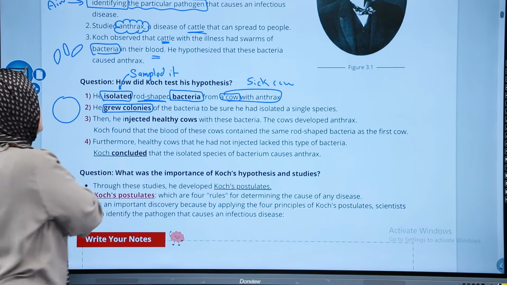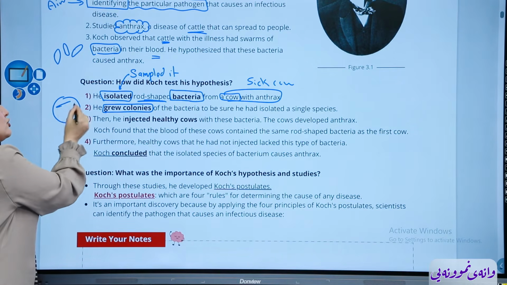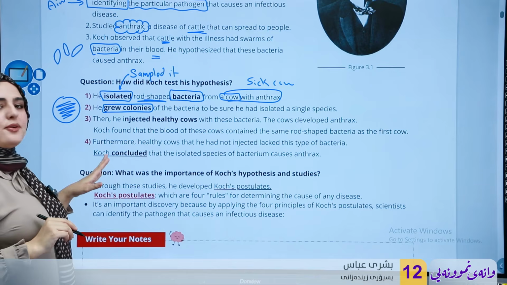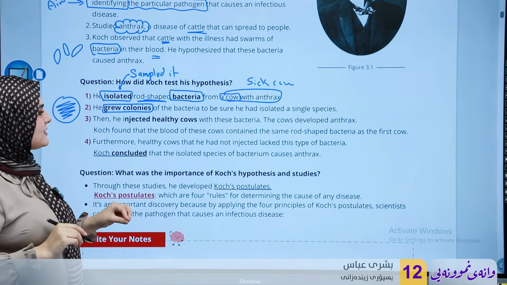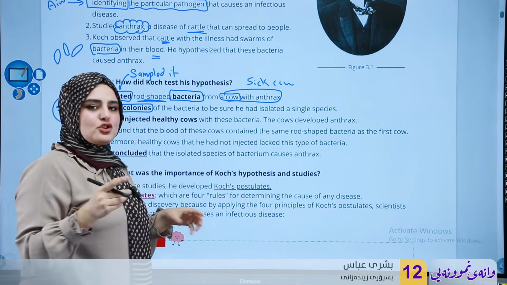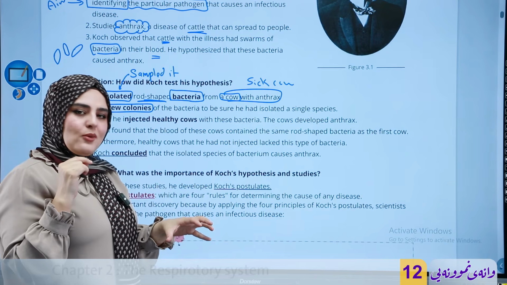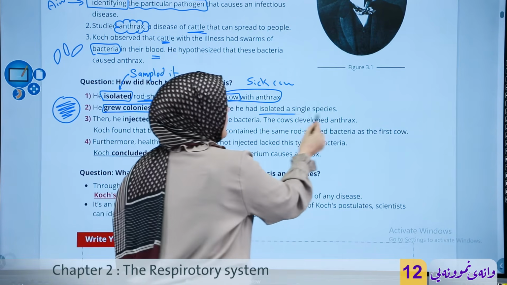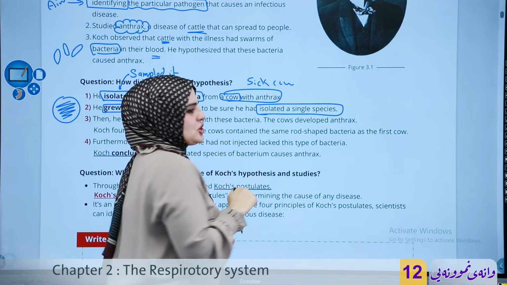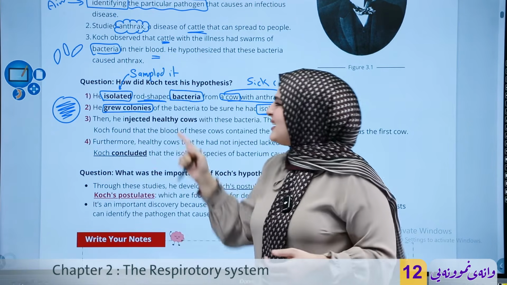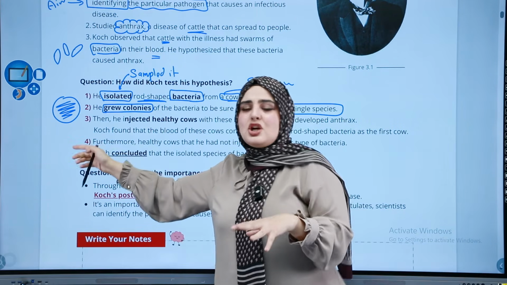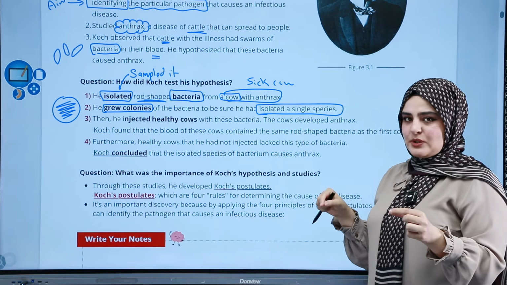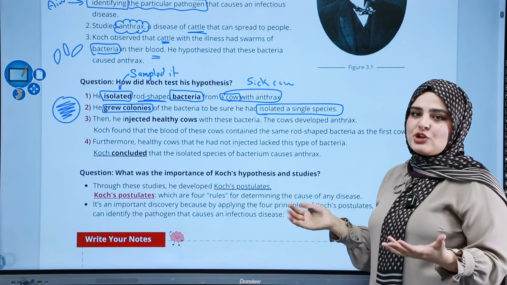Remember, a petri dish is the dish in the lab where you streak the sample like this in order to get growth. If there are bacteria, they will grow on it and you will clearly see it. He saw the growth, took the one he thought was causing the disease, and isolated a single species, because the first sample you get is a mix of a lot of species. Based on each single species, he prepared injections.